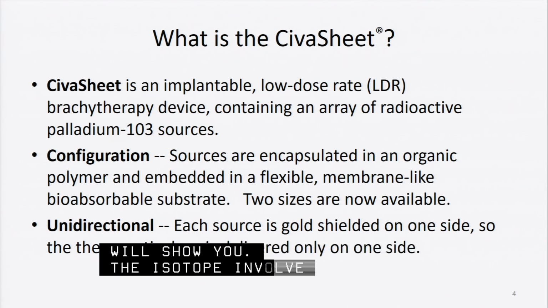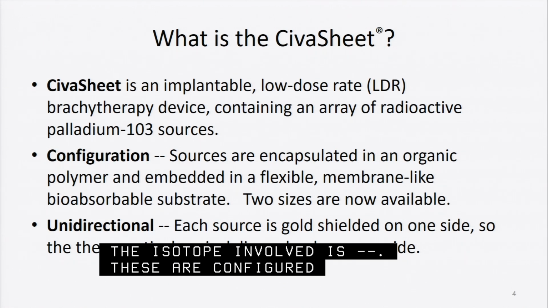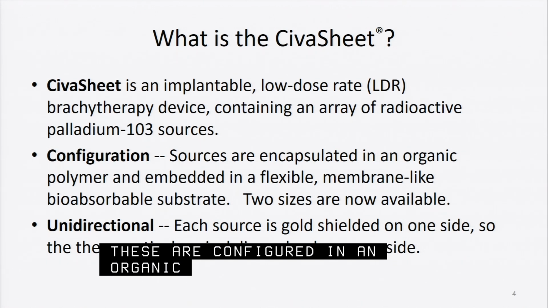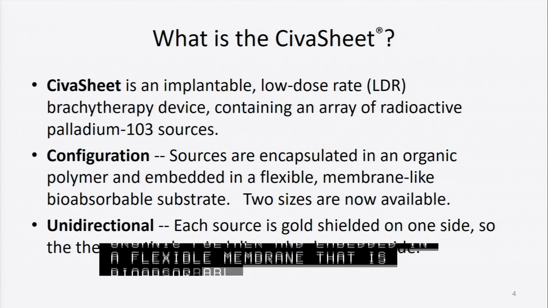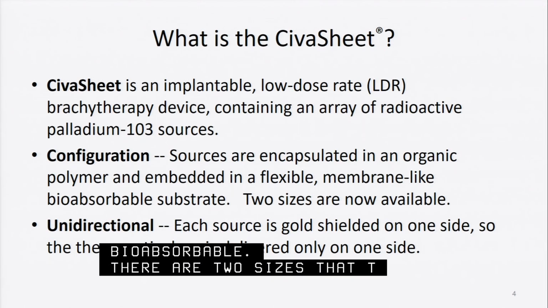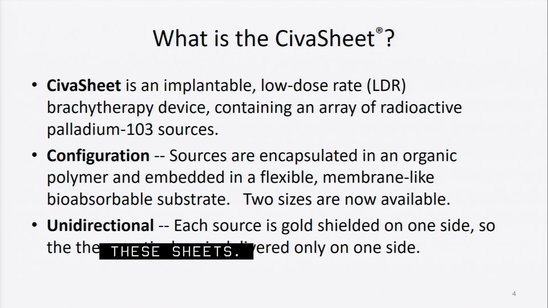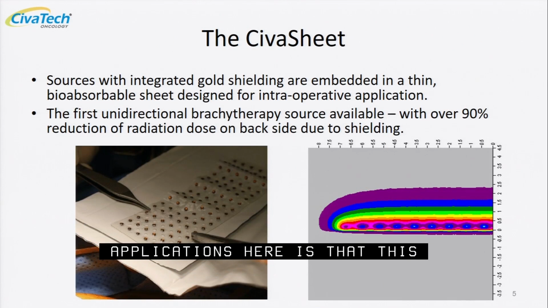These seeds are configured in an organic polymer and embedded in a flexible membrane that is bioabsorbable. There are two sizes that the company now makes available of these sheets. And the key point for clinical application here is that this permits the unidirectional application of brachytherapy.